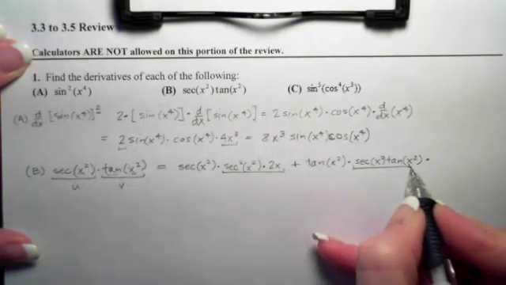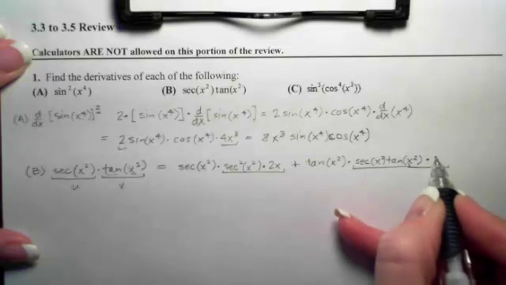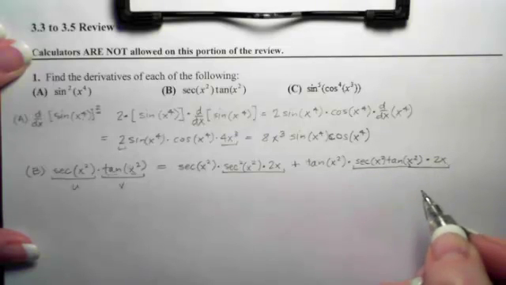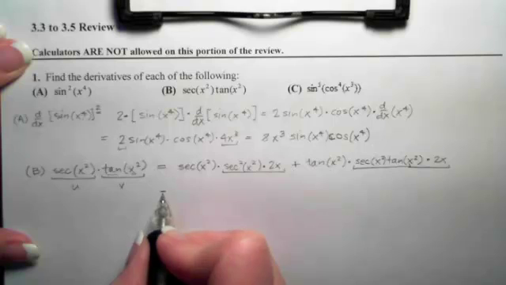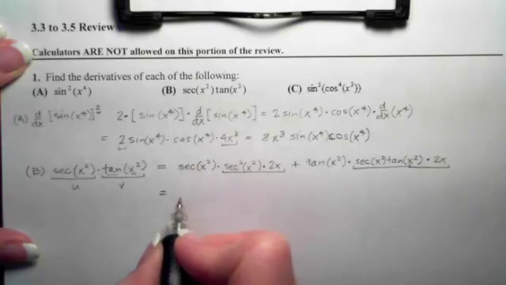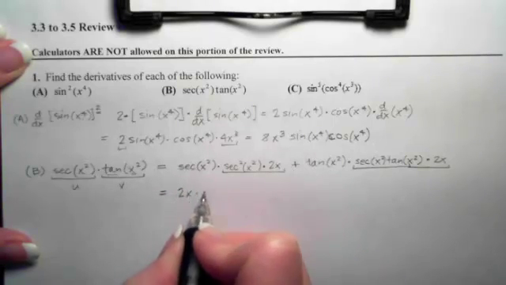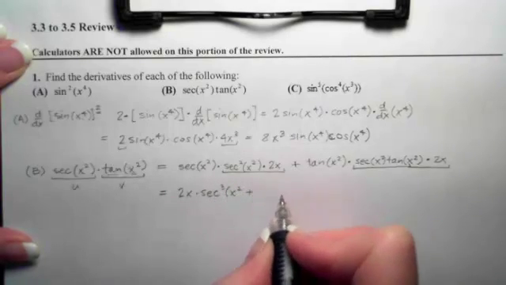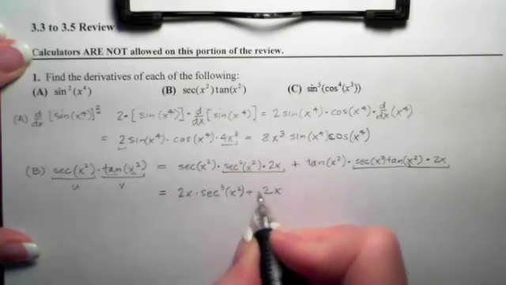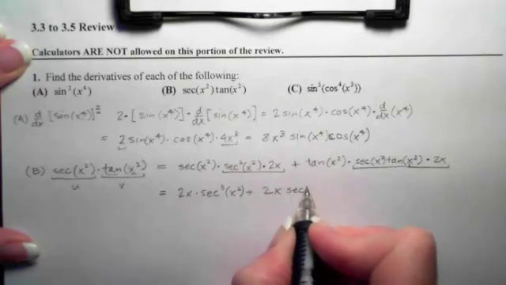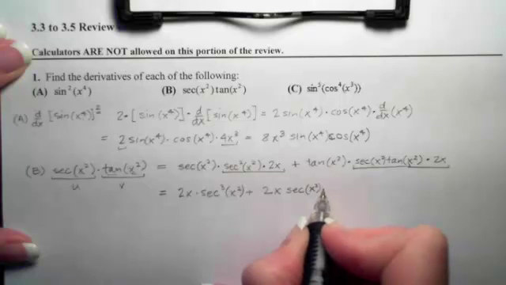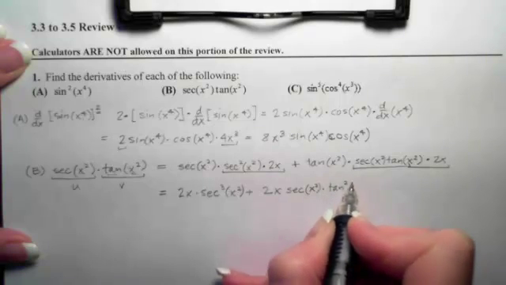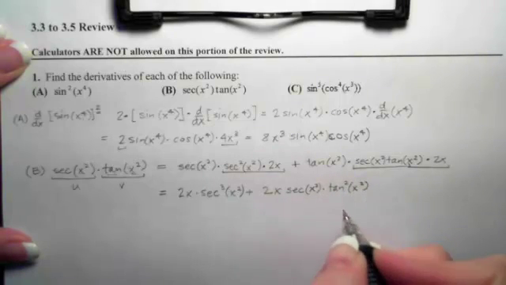Then at the back, I will multiply by the derivative of the x squared, which is 2x. So now if we simplify that to make it look like what I have in my review, you can see that we have 2x times a secant cubed of an x squared plus a 2x times a secant x squared times a tangent squared of x squared.